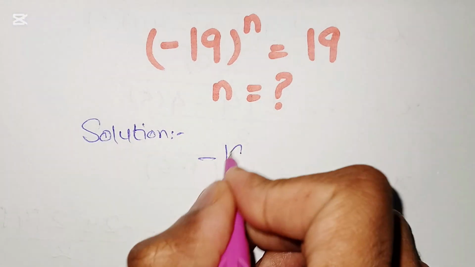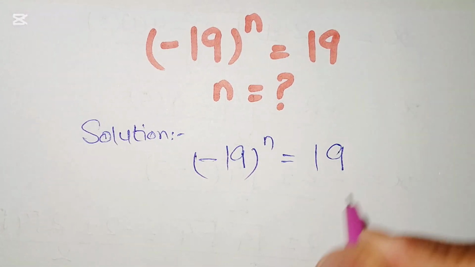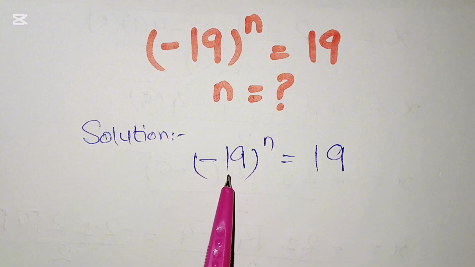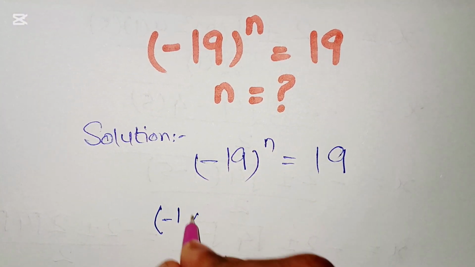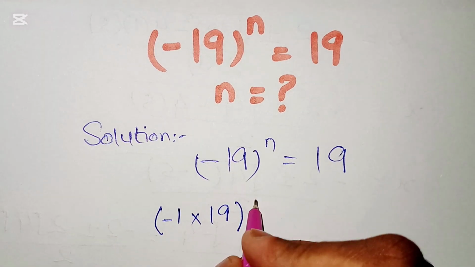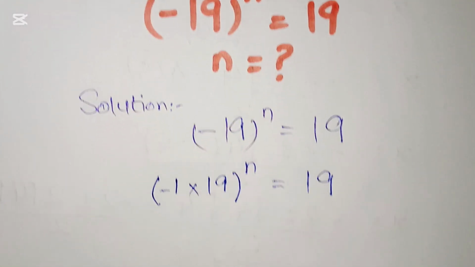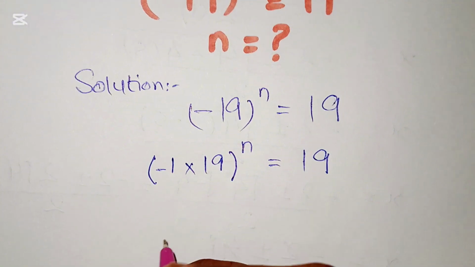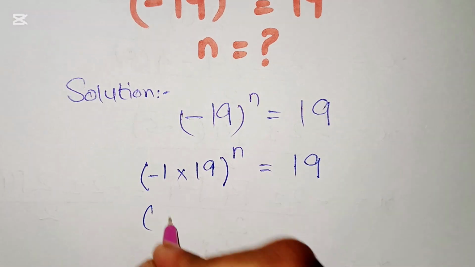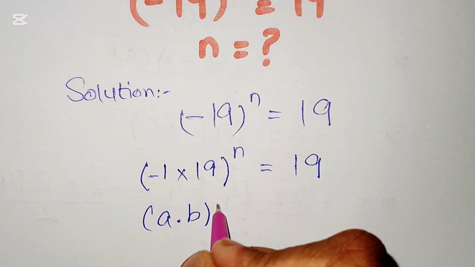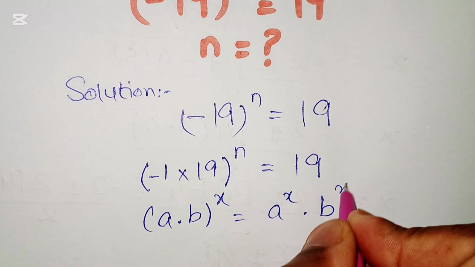We have minus 19 raised to the power n equal 19. We can write this as minus 1 into 19, raised to the power n, equals 19, and we know that a times b whole power x can be written as a power x times b power x.